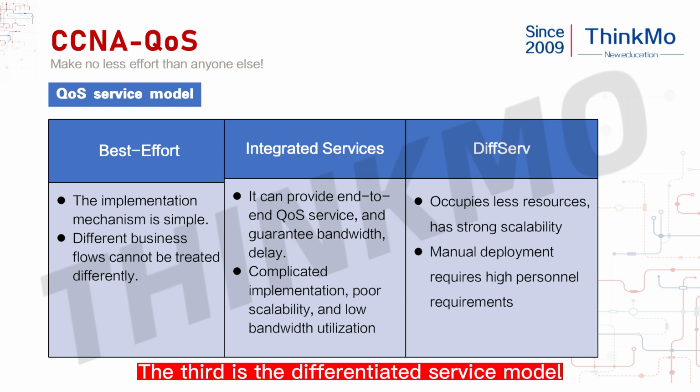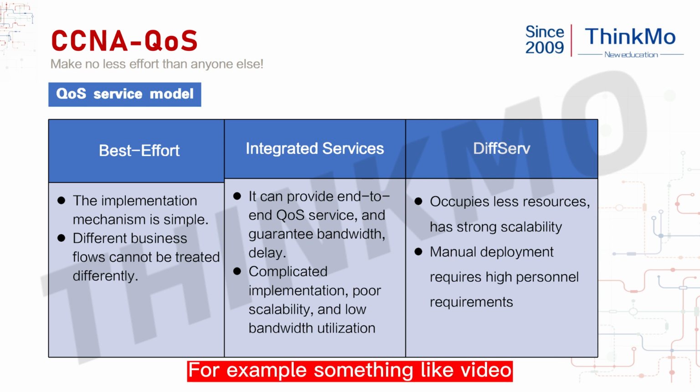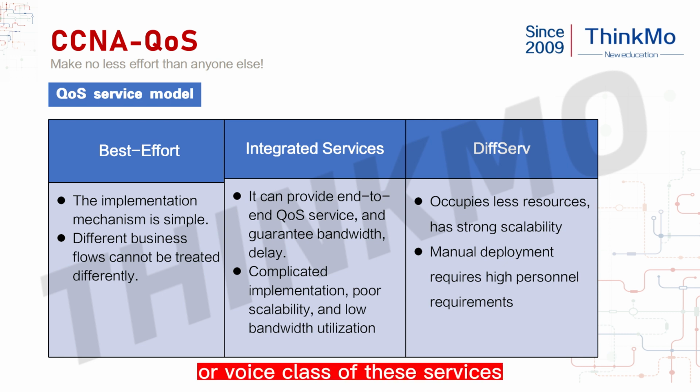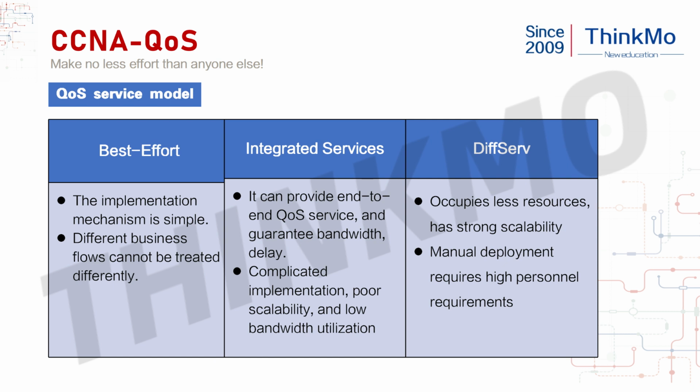The third is the differentiated service model. It has certain distinctions. For example, for something like video or voice class services, I can mark them. It's sort of a classification. Once you've sorted it out, if there's a problem with the network, I can handle these marked, classified traffic by the priority I set myself.